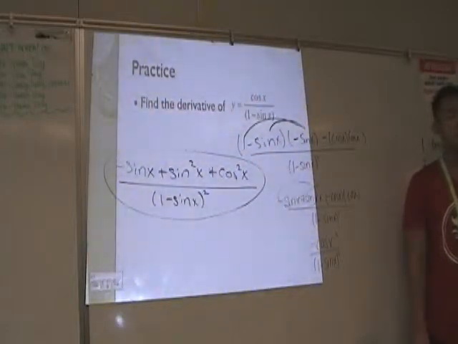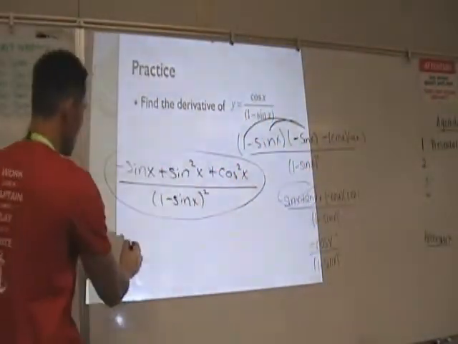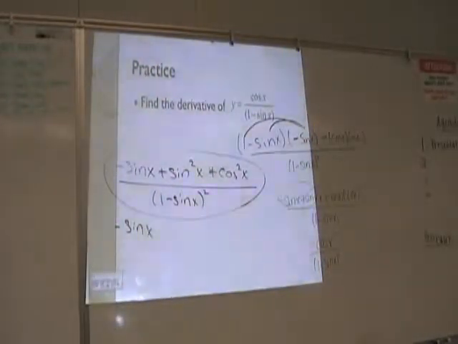Wait, isn't sine squared plus cosine squared equal to 1 or something like that? Put that down. Yeah, sine squared x plus cosine squared x is a trig identity. What's that equal to?